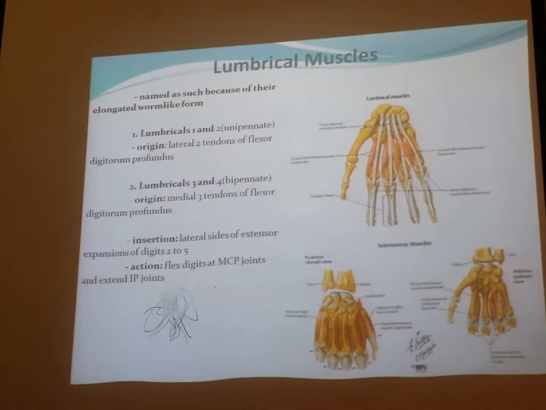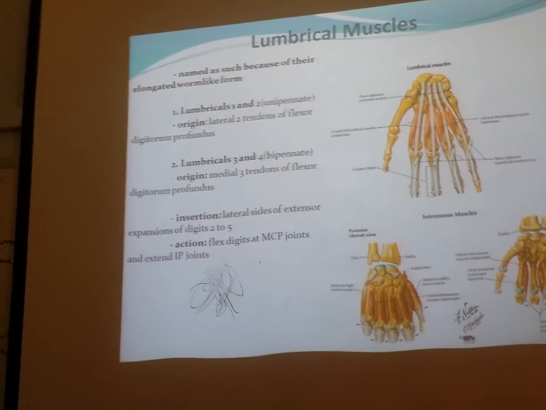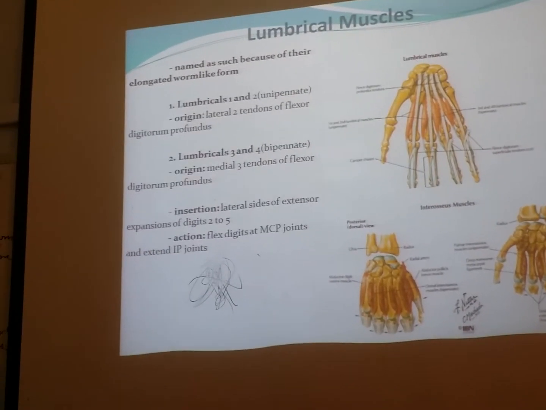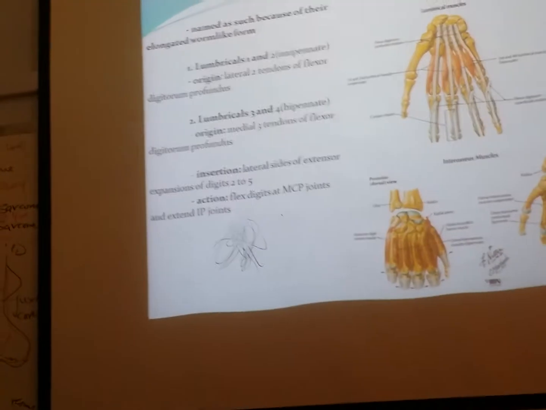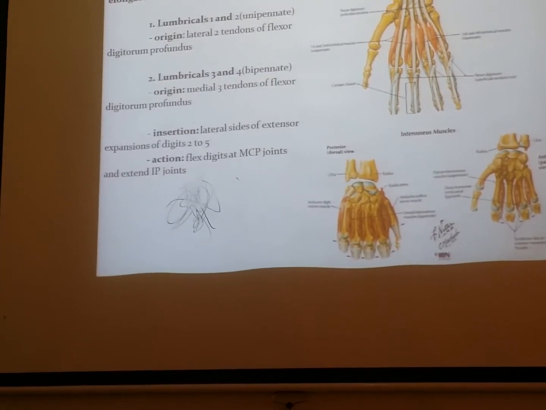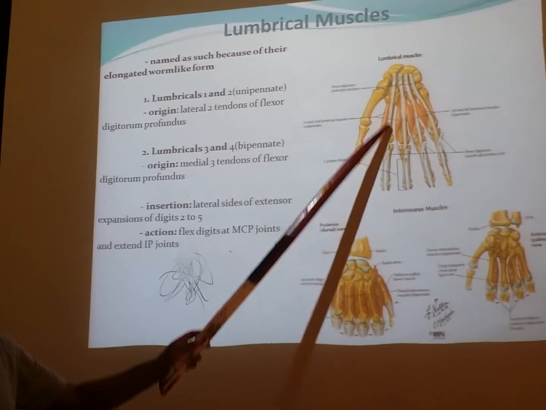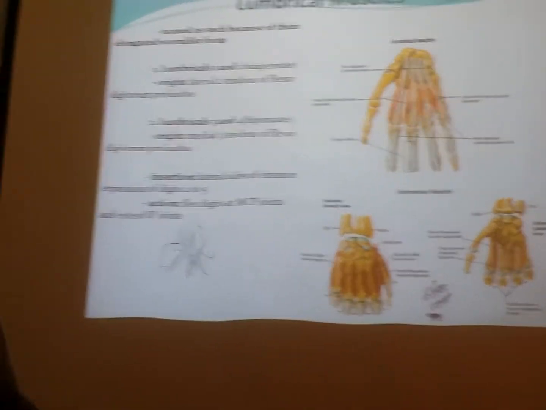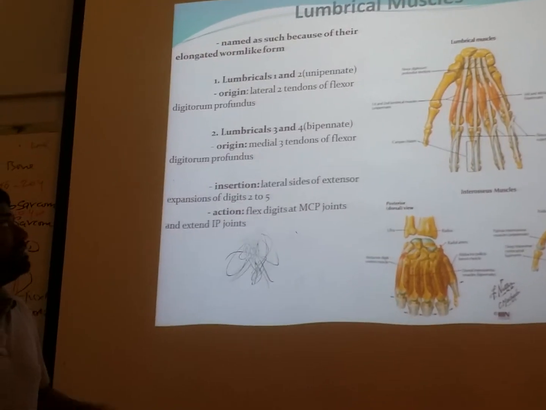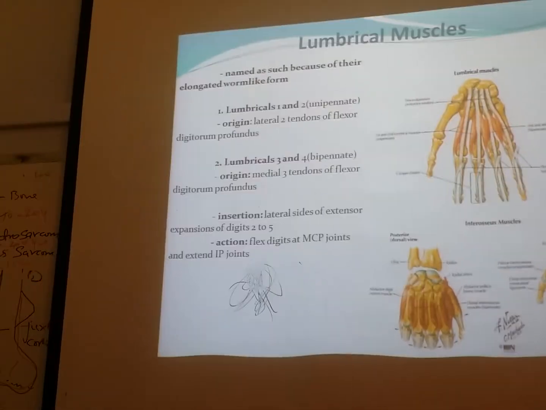The first one is the lumbricals. The lumbricals meaning they look like worms. Okay? You know the caterpillar? Worm. Okay? They look like worms. See here? Right? As they look like worms, they are called as the lumbricals. And they are 4 in number.